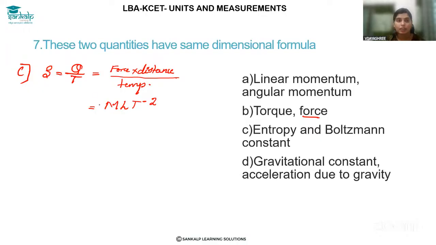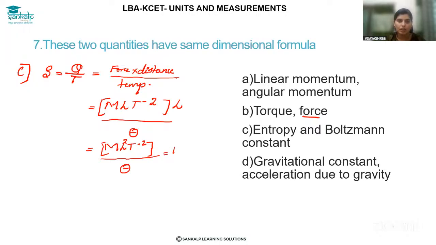Simplifying this, we get MLT raised to minus 2 into L, so L square, divided by temperature. So we can write it as ML² T⁻² into this one, raised to -1. This is the dimensional formula for entropy.